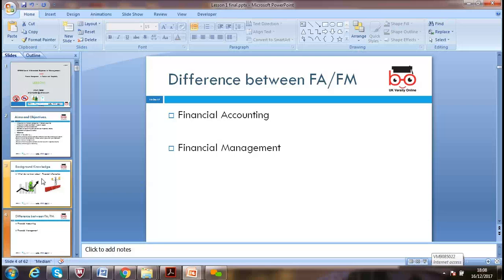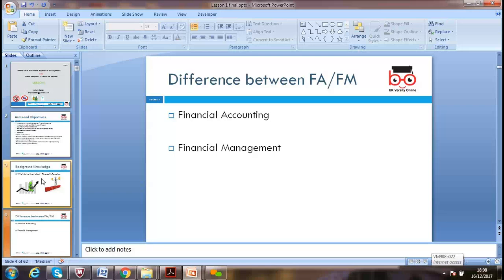Examples of chartered institutes are ACCA, AAT, ACA, and various other institutes in various countries. Every country has a CA institute, chartered accountants. That's a financial accountant.